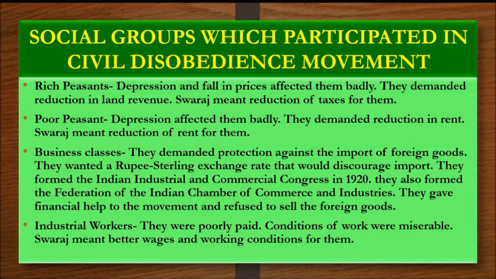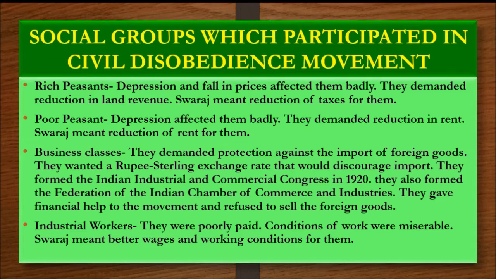As they wanted to expand their business, they started reacting against the British policies that were against the expansion of business. They had their own issues, such as protection of business from outside competition, and they demanded protection against the imported goods coming from foreign countries. They also demanded a rupee-sterling foreign exchange ratio that would discourage imported goods.